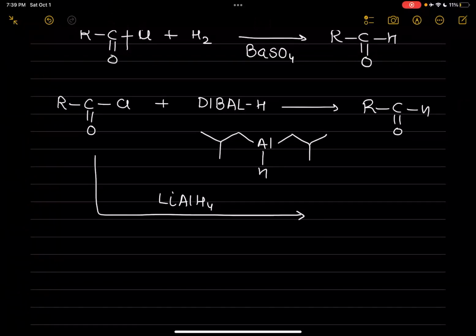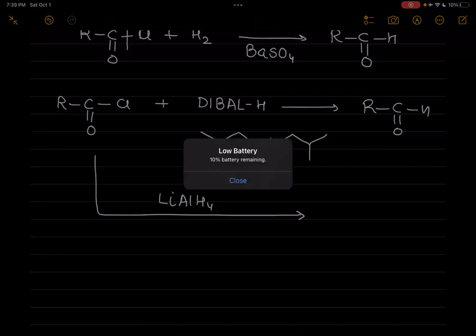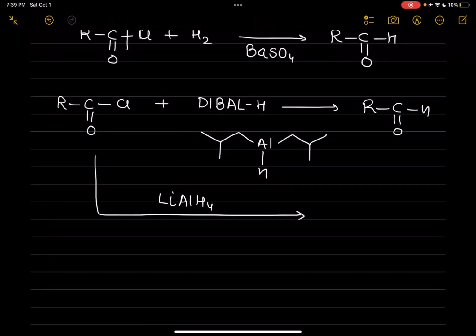It is a strong reducing agent, and it will not stop until you have reduced it completely. So what will you get if you would have taken LiAlH4? Carboxylic acid? No, that is oxidation. You are not adding oxygen, you are adding hydrogen.